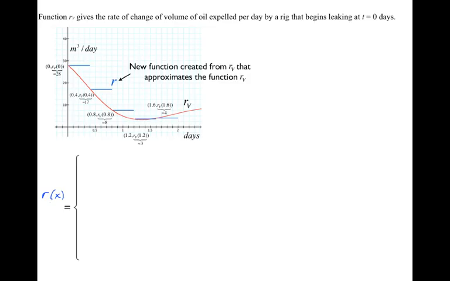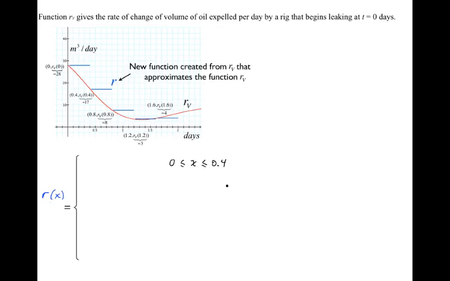So what's the first part of the domain? R of x, what is it? 0 to 0.4. And so when x is between 0 and 0.4, what is R of x?